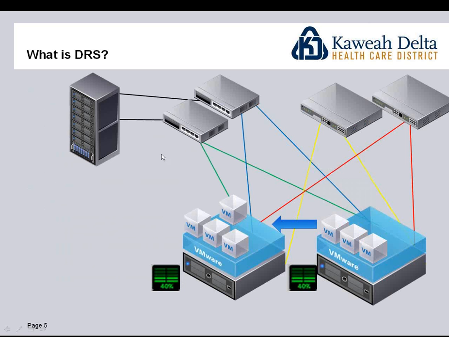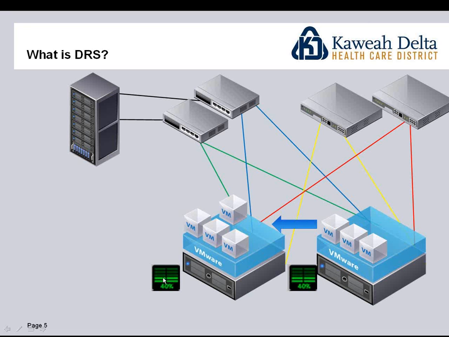This slide shows what DRS is. Basically, you have all your redundant links and networking, but on your VMware host servers it allows you to have this balance of your virtual machines, your guests, being able to automatically vMotion over to other hosts so that you can have this balance of power.